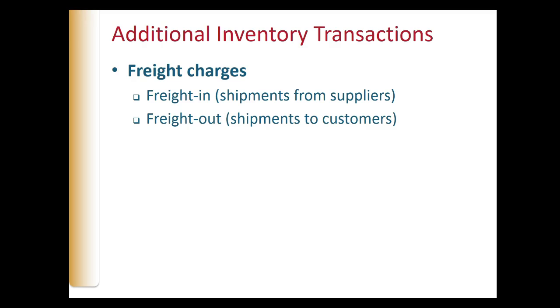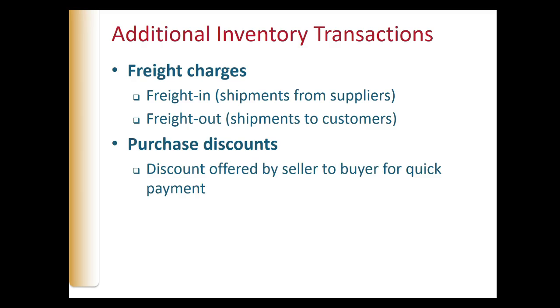Let's talk about 3 additional inventory topics. Freight charges. A significant cost associated with inventory for most merchandising companies includes freight, which is also called shipping or delivery charges. This includes the cost of shipments of inventory from suppliers as well as the cost of shipments to customers.